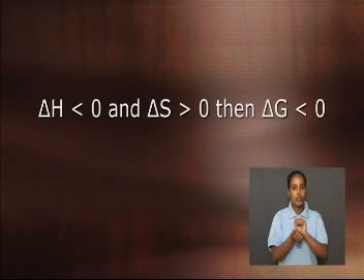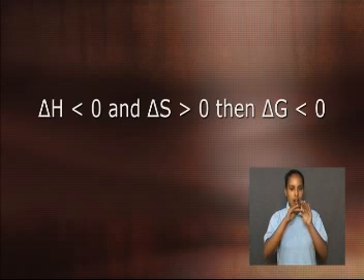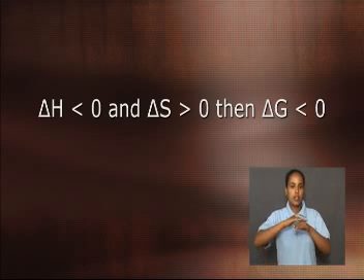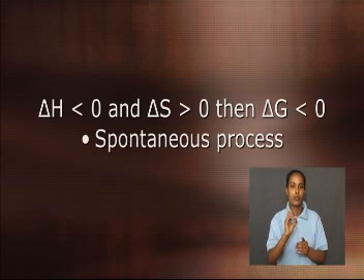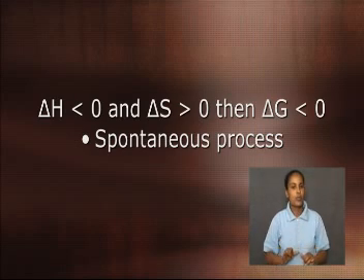For a change in which the change in enthalpy is less than 0 and the change in entropy is greater than 0, the change in Gibbs free energy becomes less than 0. This creates a spontaneous process.